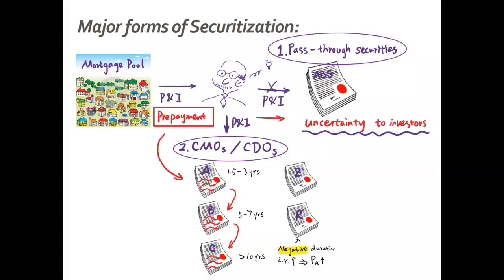It hedges the value of your portfolio, right? So when interest rate increases, your other investments decrease in value, but class R increases in value, they cancel out. So the value of your portfolio is going to be more stable. They are very good hedging instruments to help commercial banks deal with positive duration gap problem.